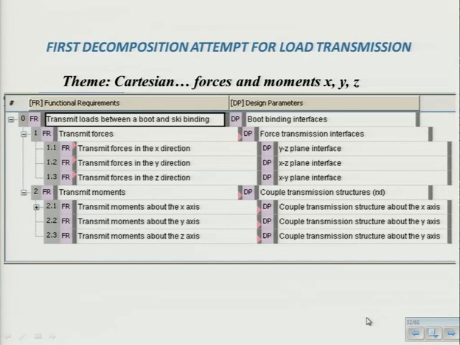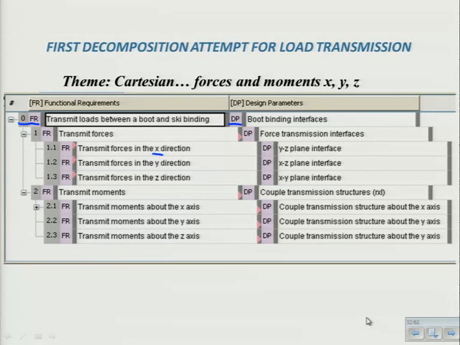So if we take a look at this, all right, so here's transmitting the control loads. So we've done this as a separate problem with this being FR0, but you can renumber it as you like. And the DP is going to be some kind of mechanical interfaces between the boot and the binding. So transmit forces. Well, we suggested that this looks like a free body diagram.